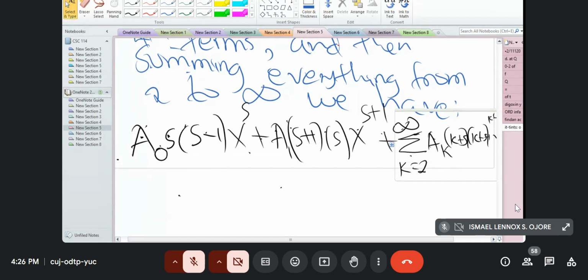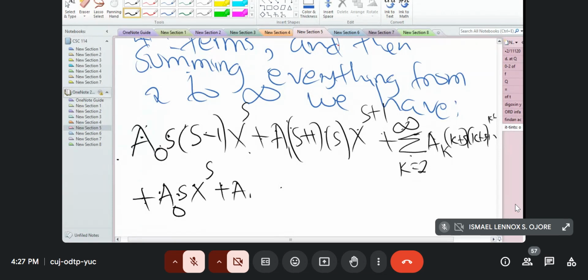So we go to the second term, take k is 0: A naught times s times x power s. Plus A1 (s plus 1) x power s plus 1.